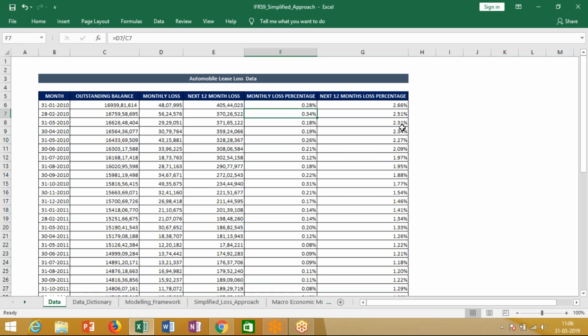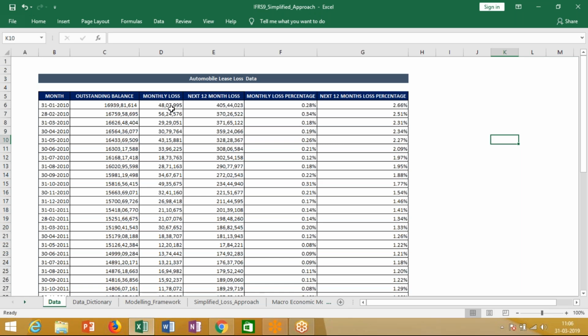If you think about it, this monthly percentage loss is nothing but the loss given default, or the charge off rate, or the charge off percentage. So you can treat this as your observed LGD figure.